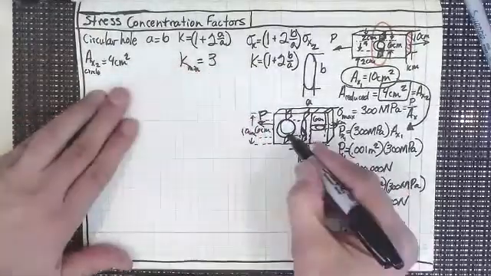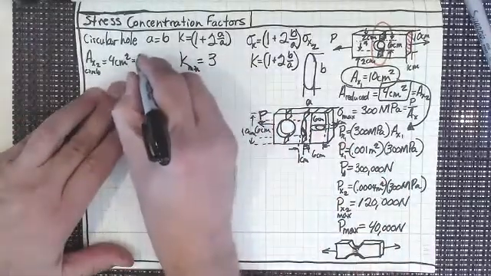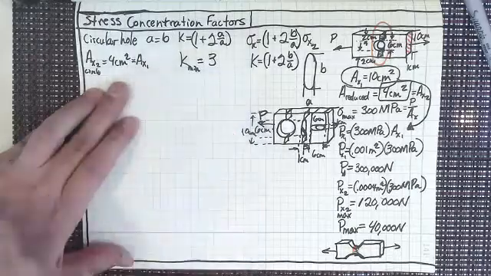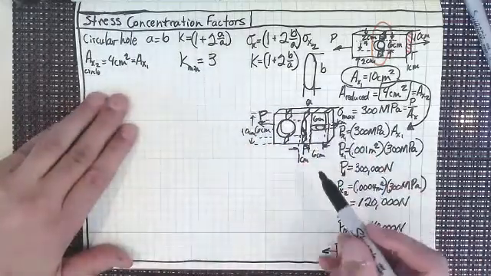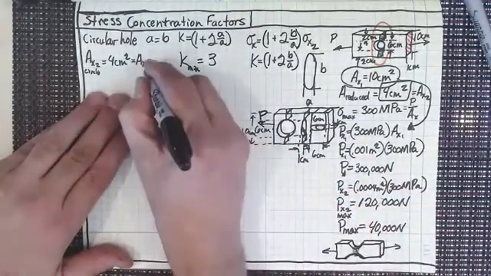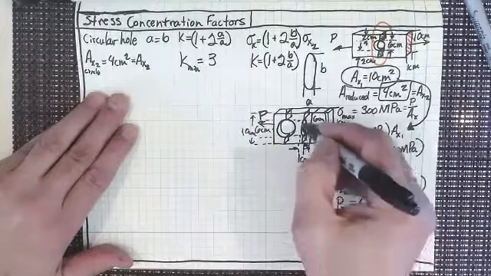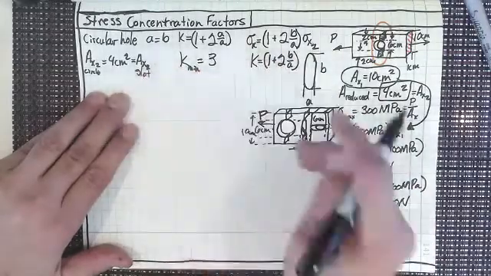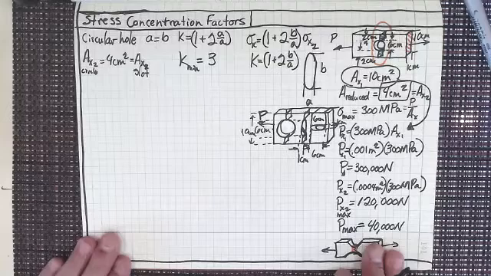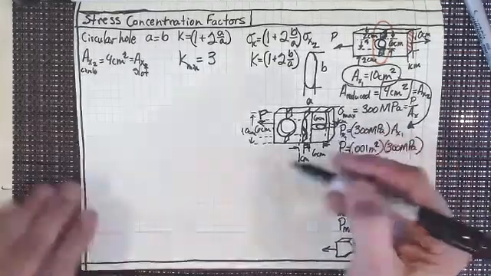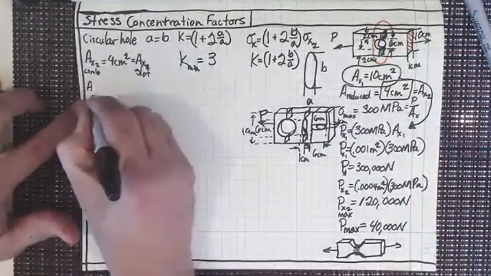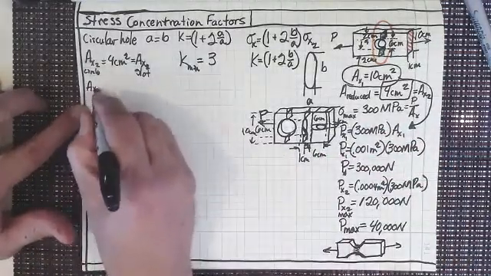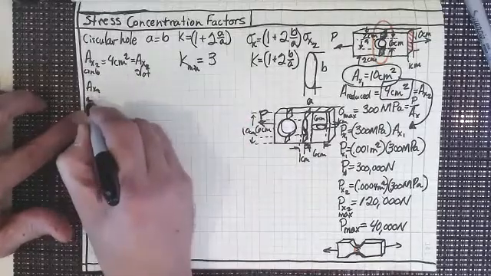And that would also be exactly the same as A sub x2 for the slot. I'll call that a slot, but not for the ellipse. I'm going to put the A sub x2 for the ellipse.